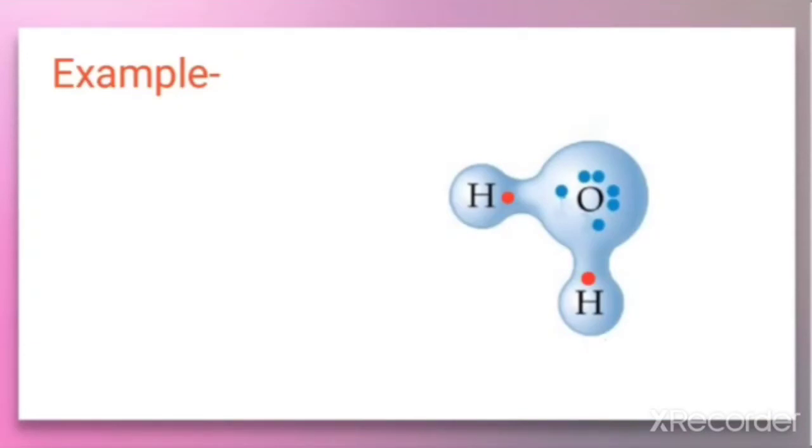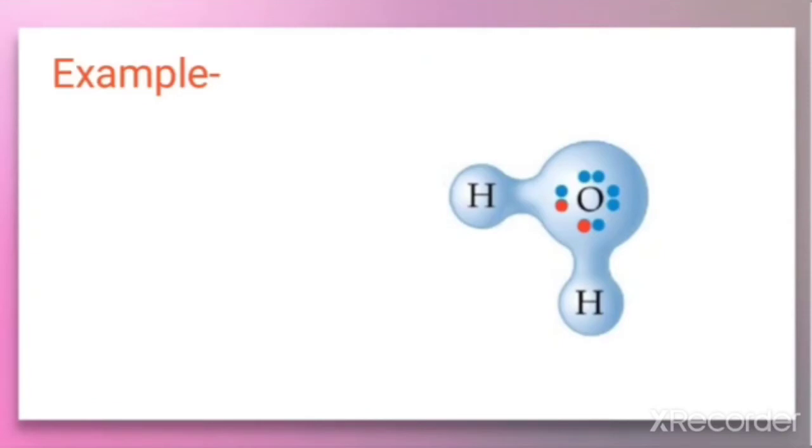So when you compare the electronegativity of hydrogen and oxygen, oxygen is on the extreme right hand side and H is on the extreme left hand side. So which is more electronegative here? Oxygen is more electronegative. So oxygen has a greater tendency to attract the shared pair of electrons towards itself.